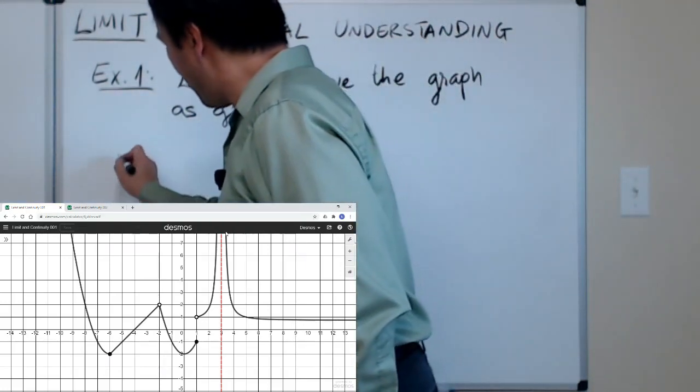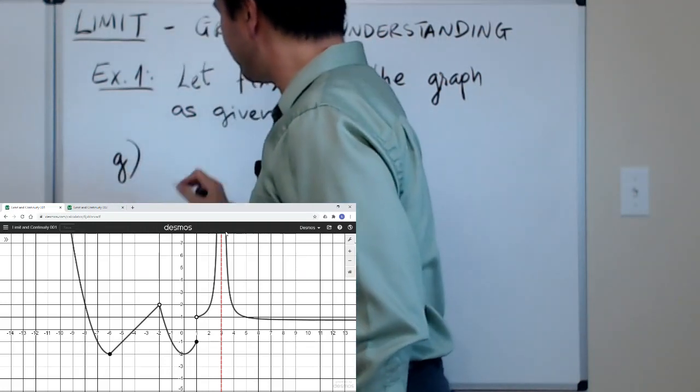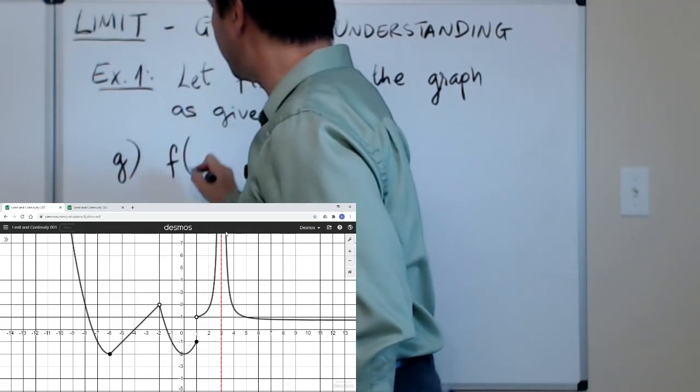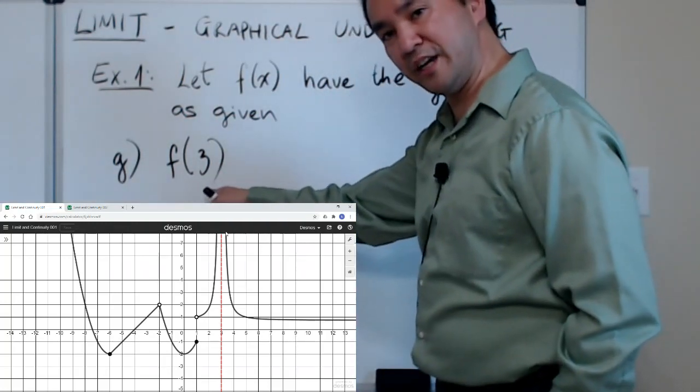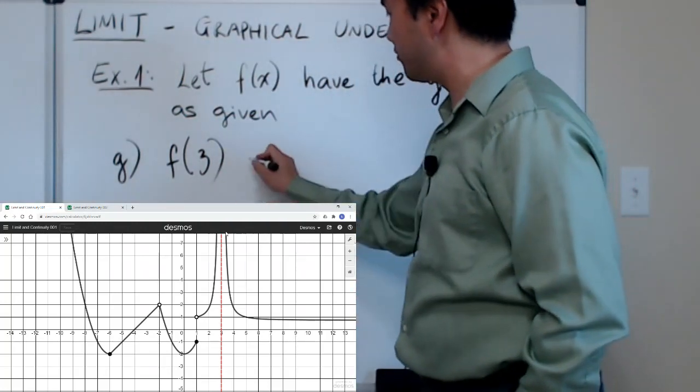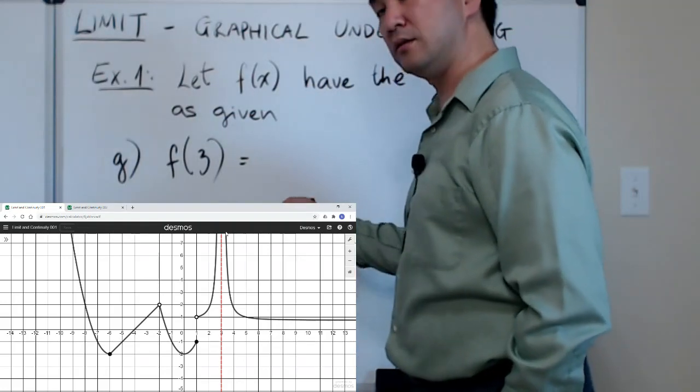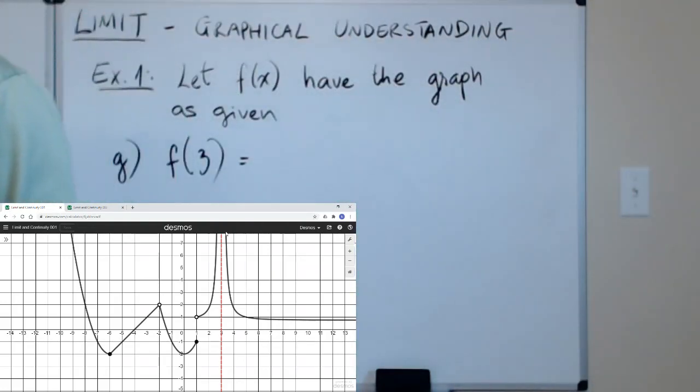How about one more problem? What about f of 3? This is substituting, plugging in the value 3 into the function. Can we really get this value? No. The graph is right here. As a matter of fact, it has an asymptote, or it's asymptotic in our formal math term. So we have an undefined value.